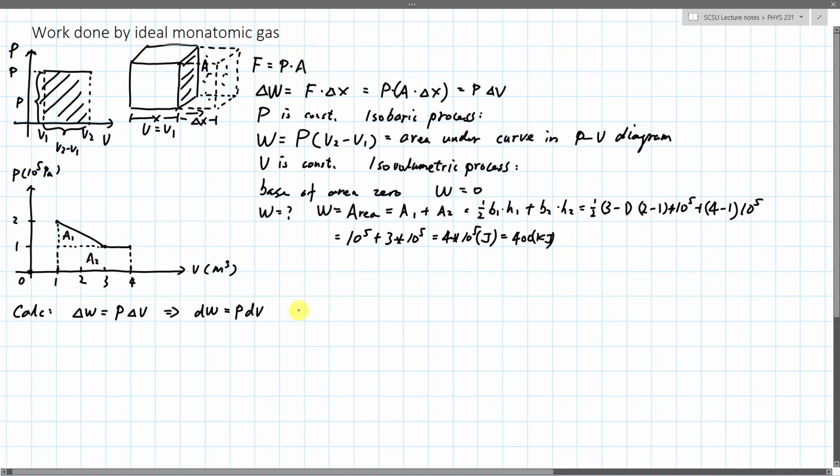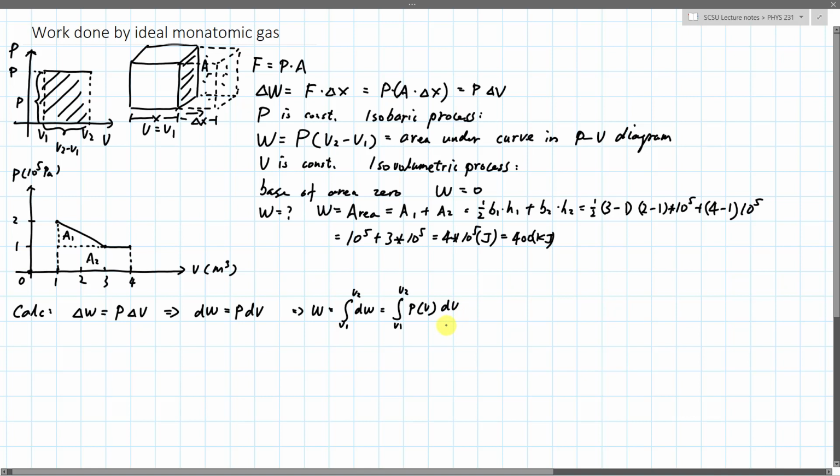And then if we integrate that, the total work is the integral of dW, and we're going to expand from V1 to V2. We'll use them as limits, and here's P as a function of V because pressure now could depend on volume, dV, V1, V2. So that's the generic expression of work done by ideal gas.